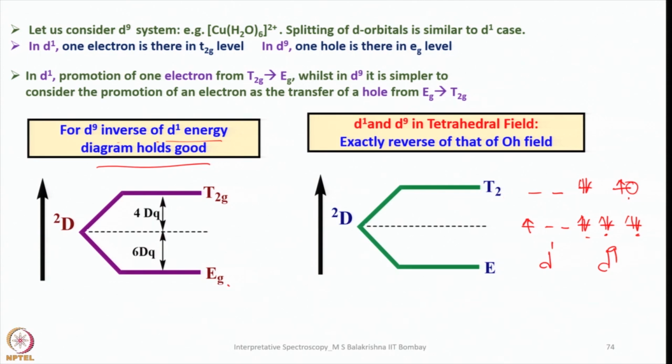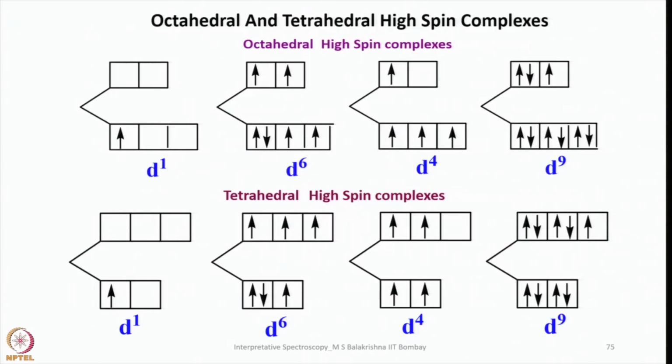By considering this, we are simplifying the interpretation and elucidation of structures using the spectral data. Let us now look into different electronic configurations under octahedral as well as tetrahedral, and most of them we are considering are high spin complexes. d1 is a typical one, and in d6 we can see one electron here and one pair of electrons there, and d4 will be something like this, and in d9 we have one hole here.